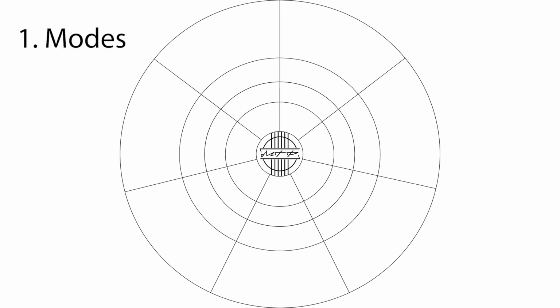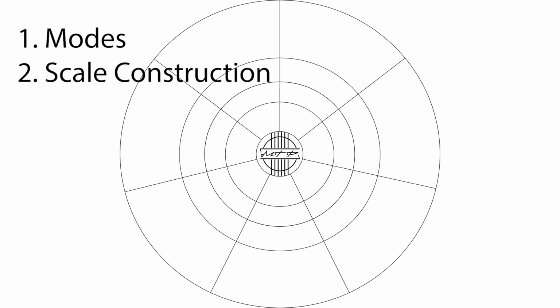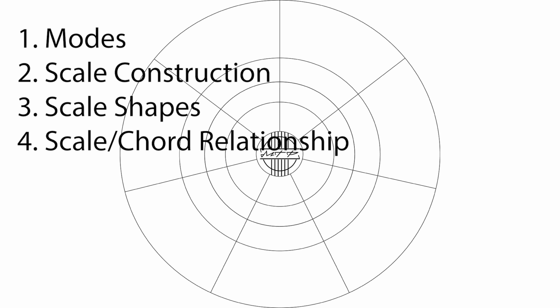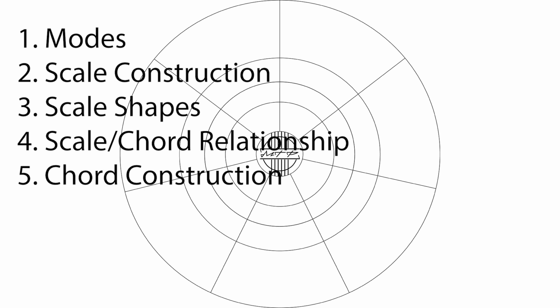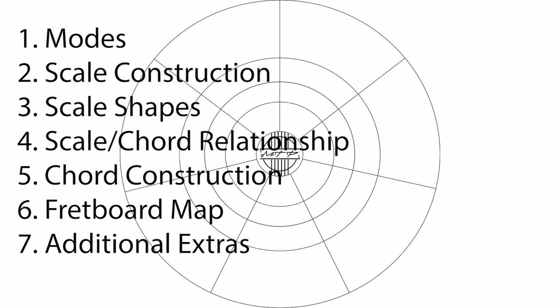Modes, this is the primary focus of the chart, but as a result of learning modes, you will also learn the following: scale construction, scale shapes, how chords relate to scales, chord construction, fretboard map, or how to use the mode scale shapes to play anywhere on the fretboard, and some additional little extras that I think will unify a couple of different things even better.